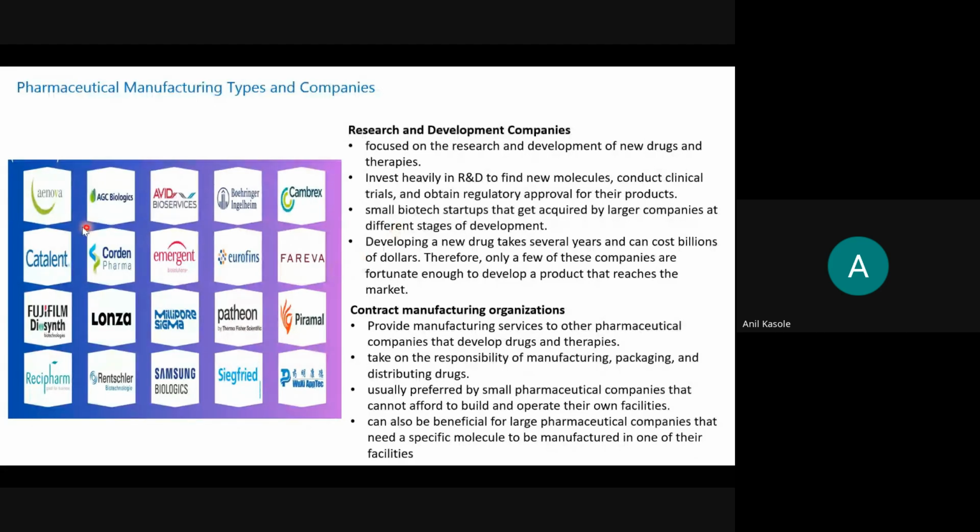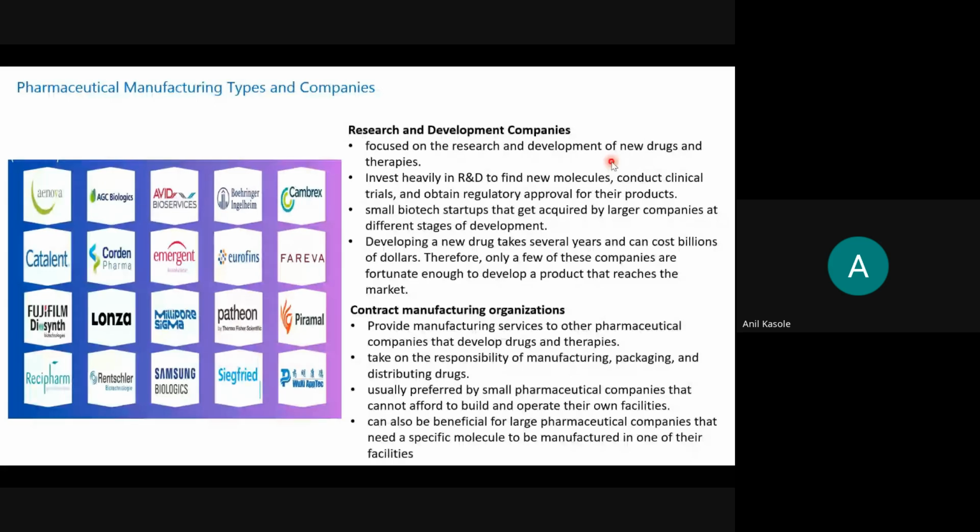A few of the companies we may be familiar with, just as an example: Piramal Healthcare, an India-based company, and Lonza. These are very popular organizations. They do proper R&D, and their focus is on the research and development of new drugs.